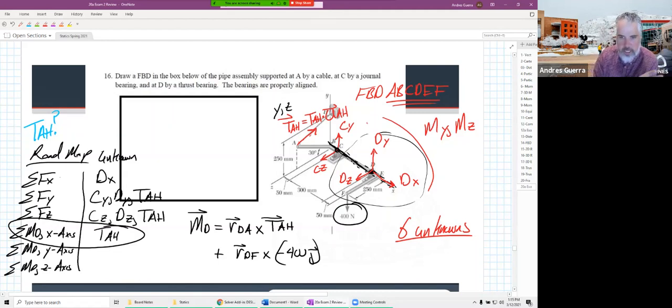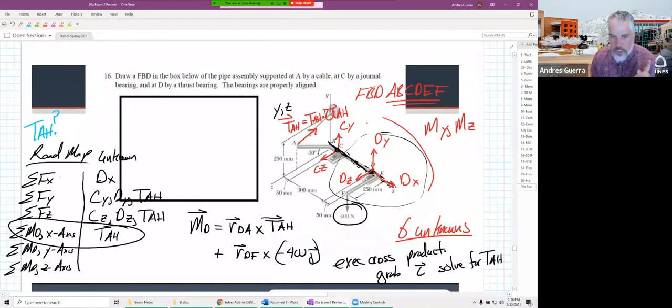Now we just need to execute the cross product, and out of that we'll get i, j, k. We grab the i stuff out of that, and we can solve for the tension from A to H, and you will find all the details on the practice exam solutions, which were already up on Canvas.